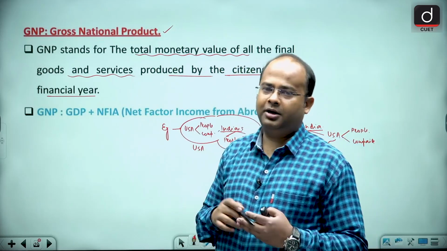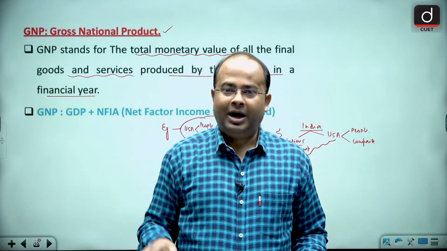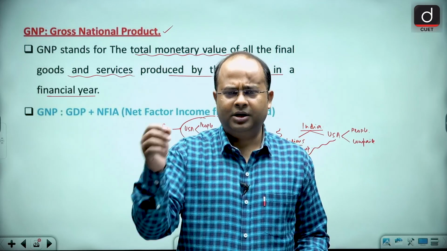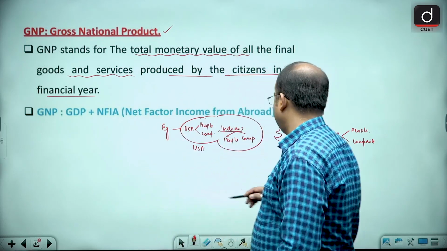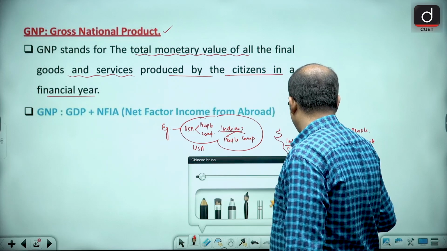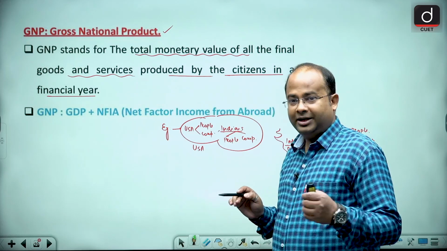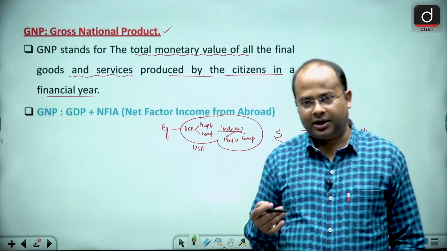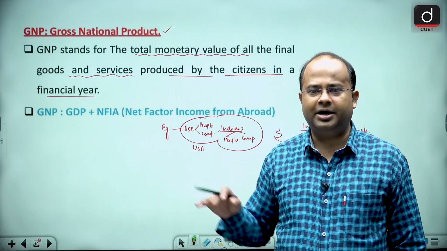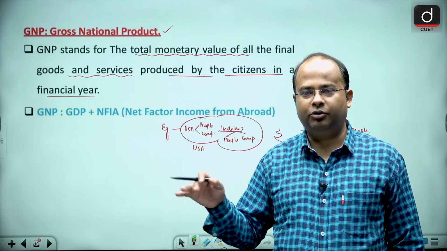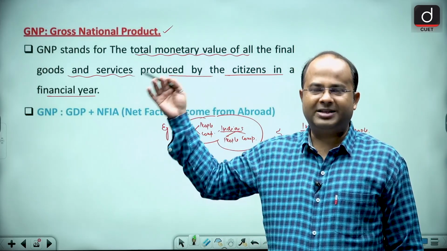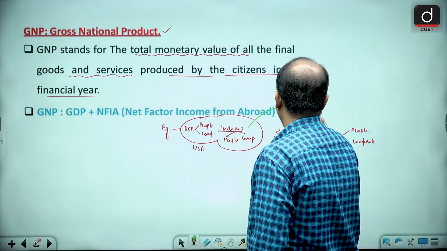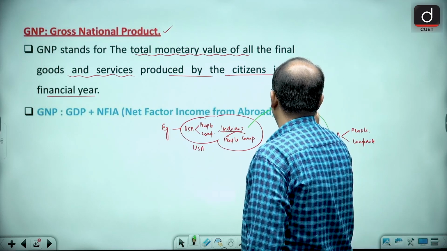For example, if an Indian is living in USA, working there and sending money to his parents in India, the same condition applies to companies. If a company is working in USA, after paying the necessary taxes and duties, the rest of the amount they will send to the head office. So it will come from USA to India.